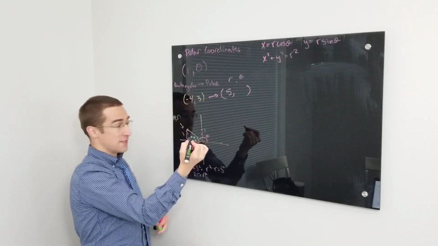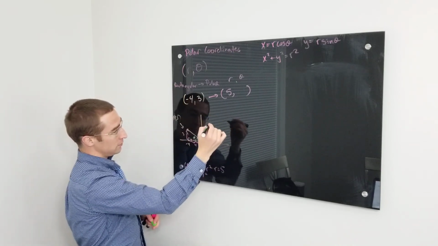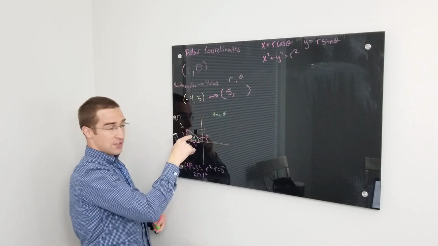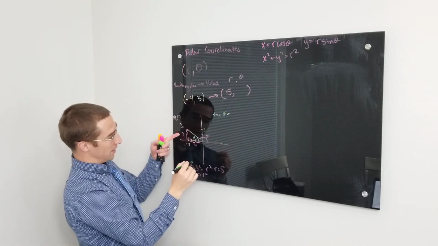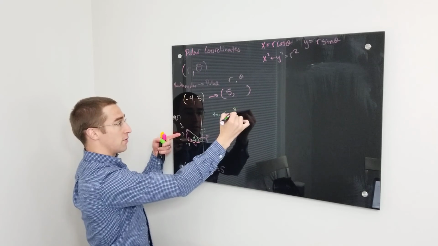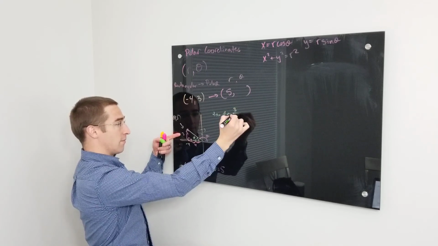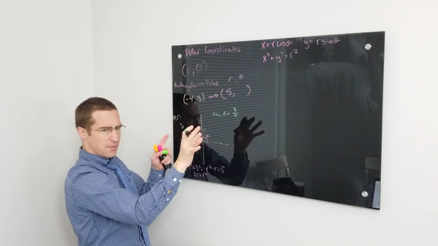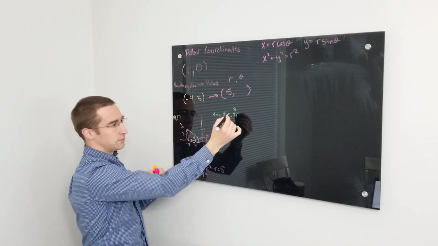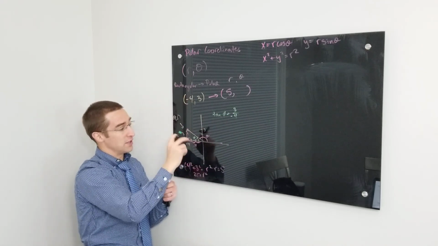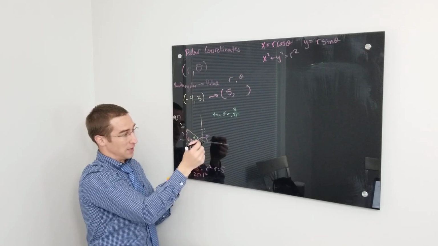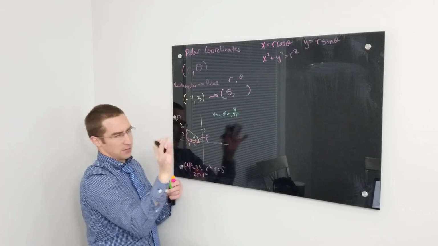So tangent of phi, tangent of this angle, is the opposite over the adjacent, so 3 over 4. You can put -4, it doesn't really matter. Just make sure you're identifying what that angle is and what this angle should be.